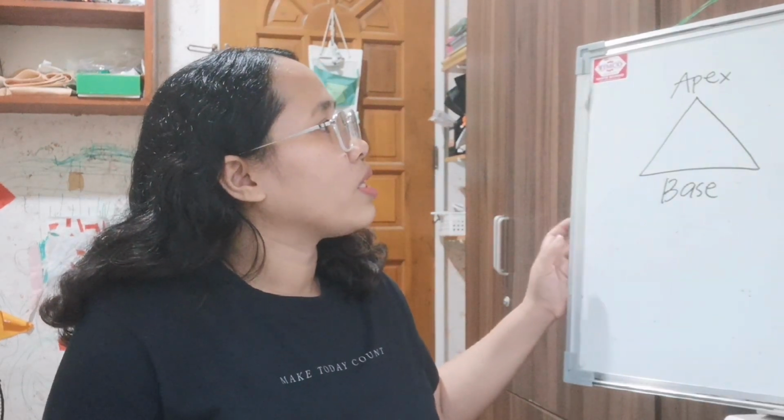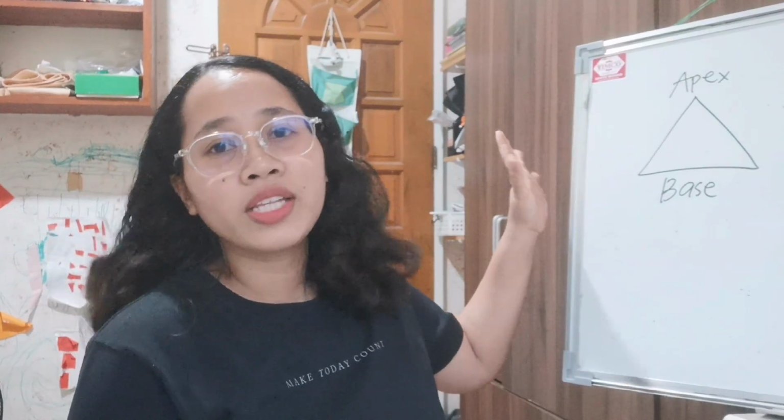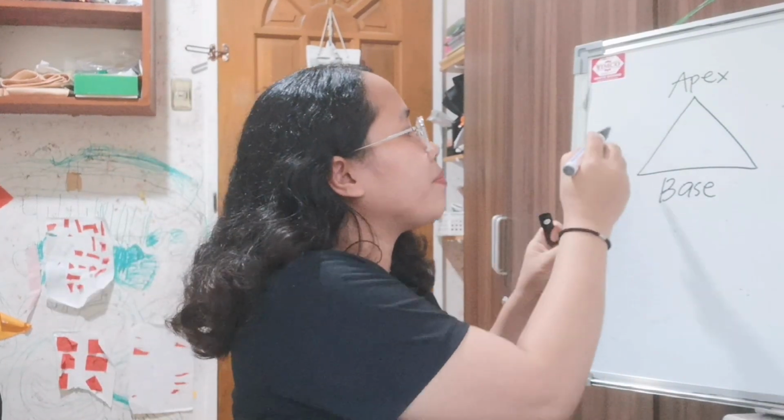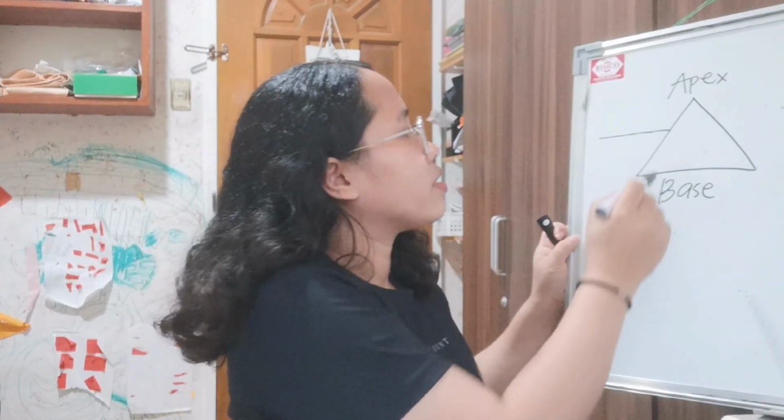The optical property of the prism is that light coming from infinity will pass through the prism and be deviated towards the base.